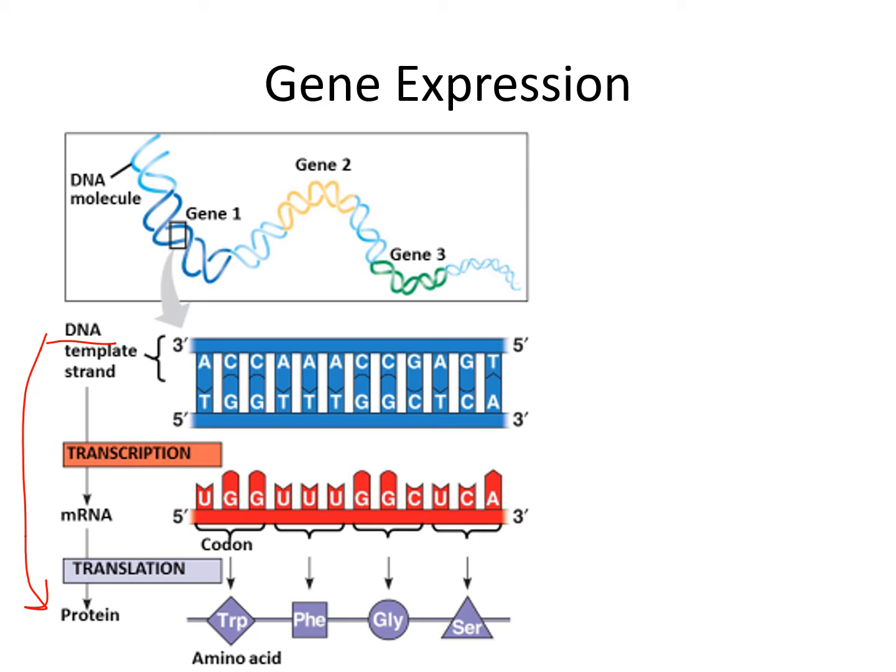But in this process, you don't go straight from DNA to protein. Instead, you need to take your template strand, your coding strand of DNA, and create a copy in RNA. And that process is called transcription. Once you have that messenger RNA, then you use that information to create the protein, and that is called translation.